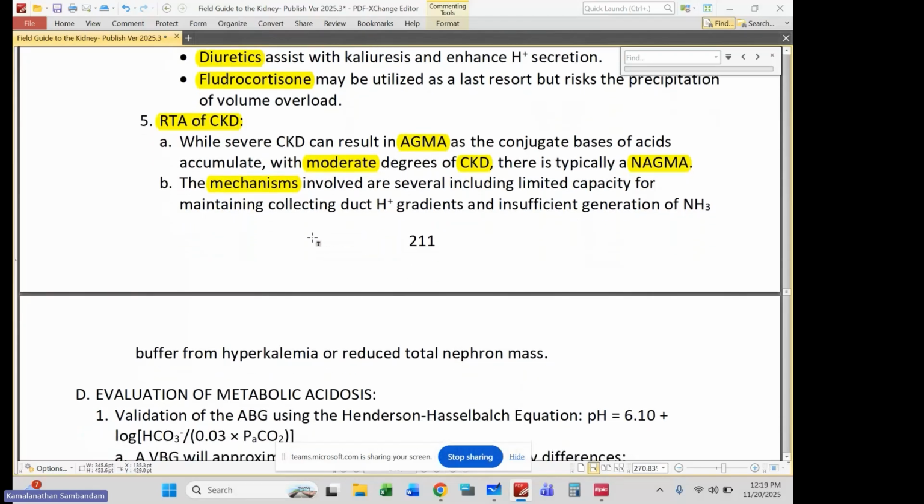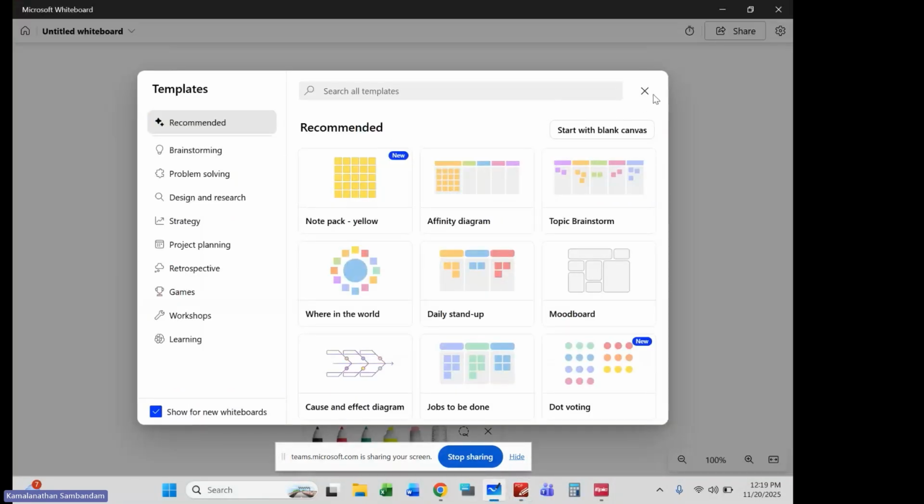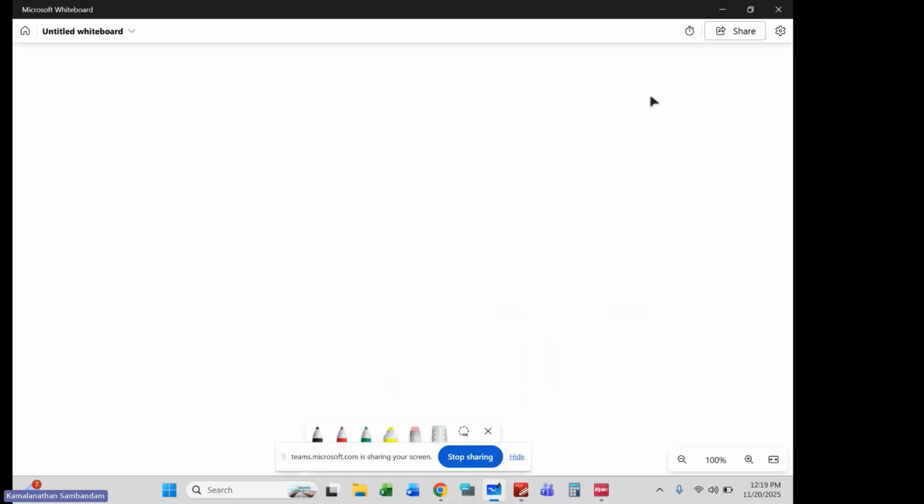Okay, so let's just summarize that the mechanisms are several. Maybe it's the fact that I cannot actually maintain a high gradient for effective proton secretion. What do I mean when I say that? Well, when you render your urine pH at 5.4, right? 5.4 in the lumen, and your blood pH is 7.4, you have a 100-fold difference in the proton concentration across this epithelium.